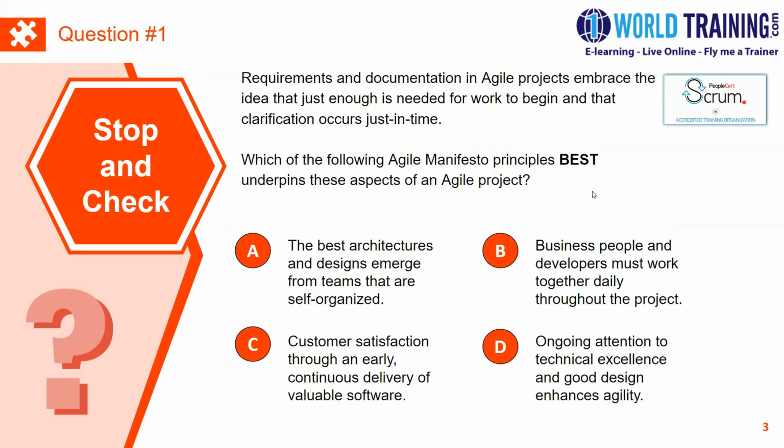Option A says the best architecture and design emerge from teams that are self-organized. Option B says business people and developers must work together daily throughout the project. Option C, customer satisfaction through early and continuous delivery of valuable software.